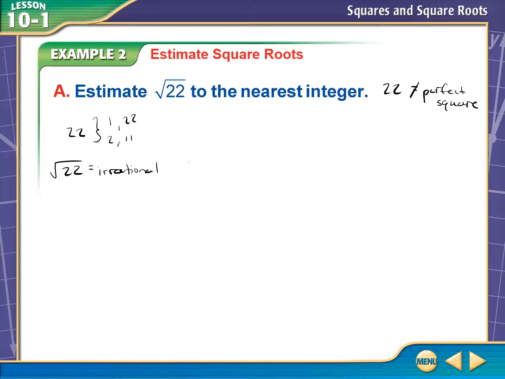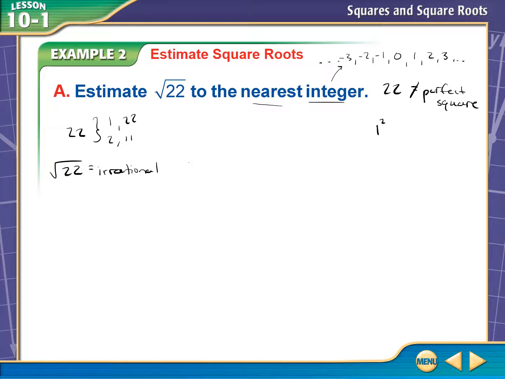All right, so what we want to do instead is estimate where the square root of 22 would be to the nearest integer. And again, integers, remember, are positive numbers, negatives, 0, 1, 2, 3, and so on. All right, so they're those positive and negative counting numbers, or 0. So what I want to do is figure out what are the perfect squares that would get me closest to 22.